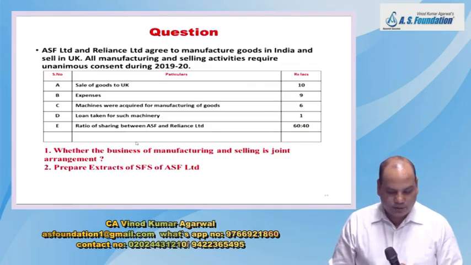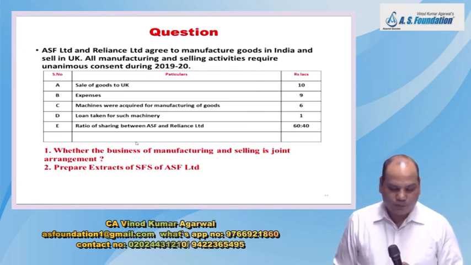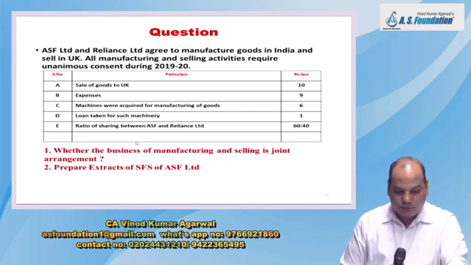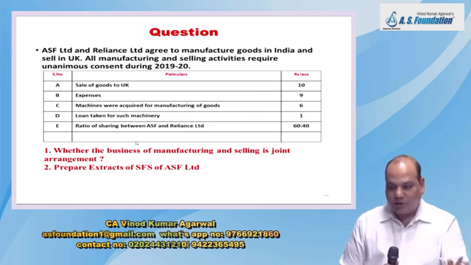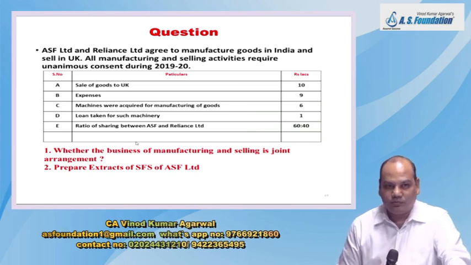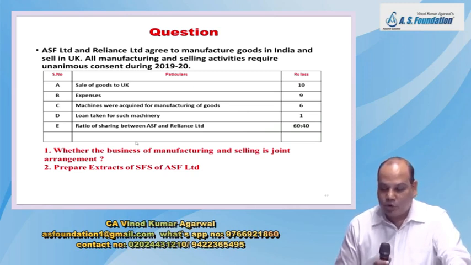Now we'll solve a very simple question just to see the application of joint operation accounting. Question number 5. ASF Limited and Reliance Limited agree to manufacture goods in India and sell in UK. All manufacturing and selling activities require unanimous consent during 2019-20.